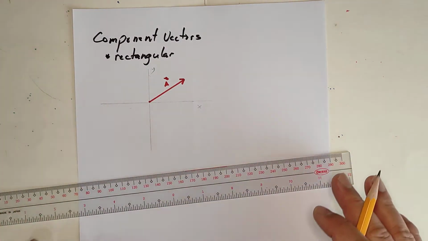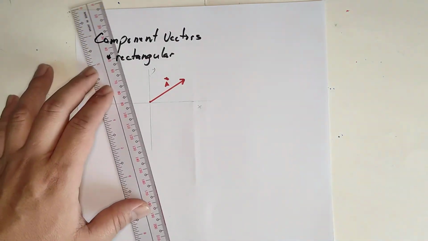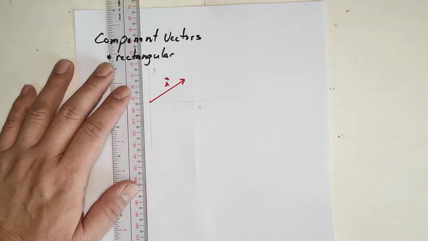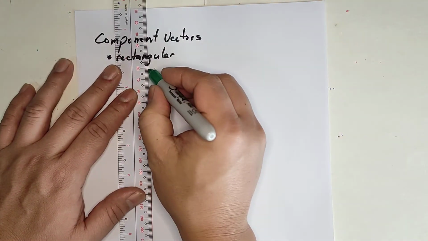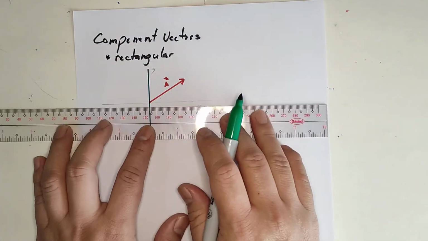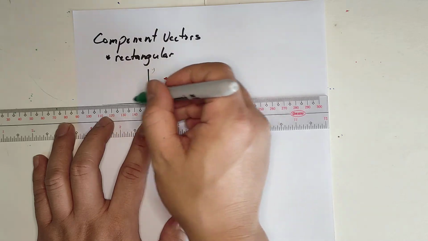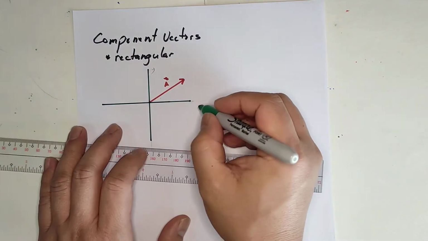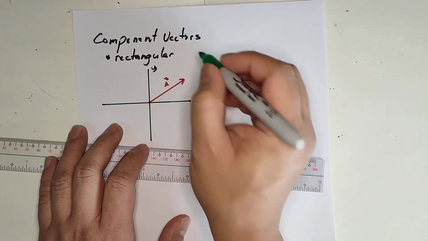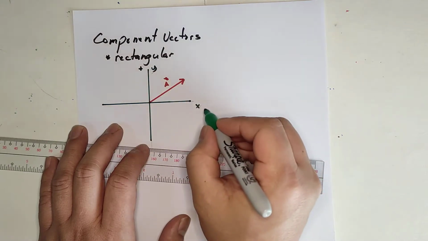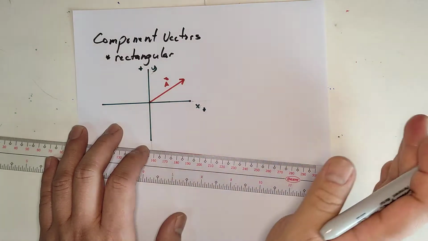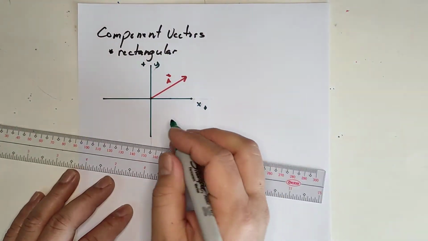Now, to make a component, this is the y-axis, and this is the x-axis. Of course, you have positive to the right. Going up is positive.